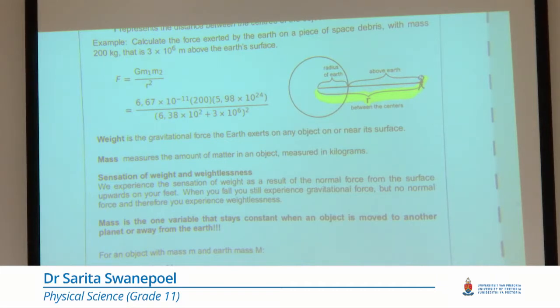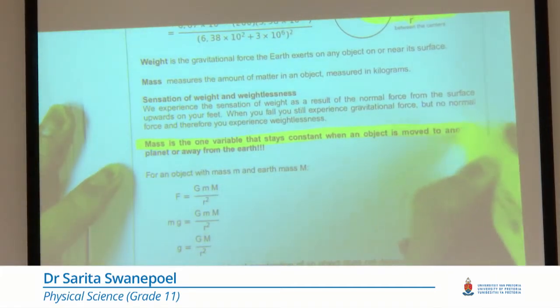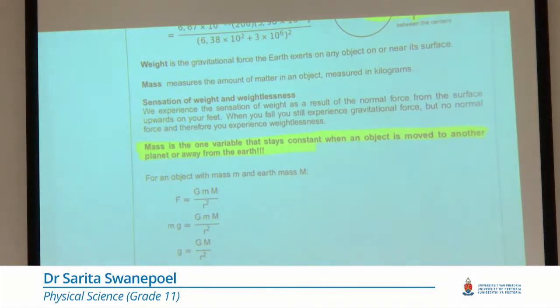So the only thing that stays constant, and that's the thing I highlighted there for you, is the mass. It's the one variable that stays constant when you go up in the air or even to another planet. So your mass doesn't change. You have to go on a diet for a long time.